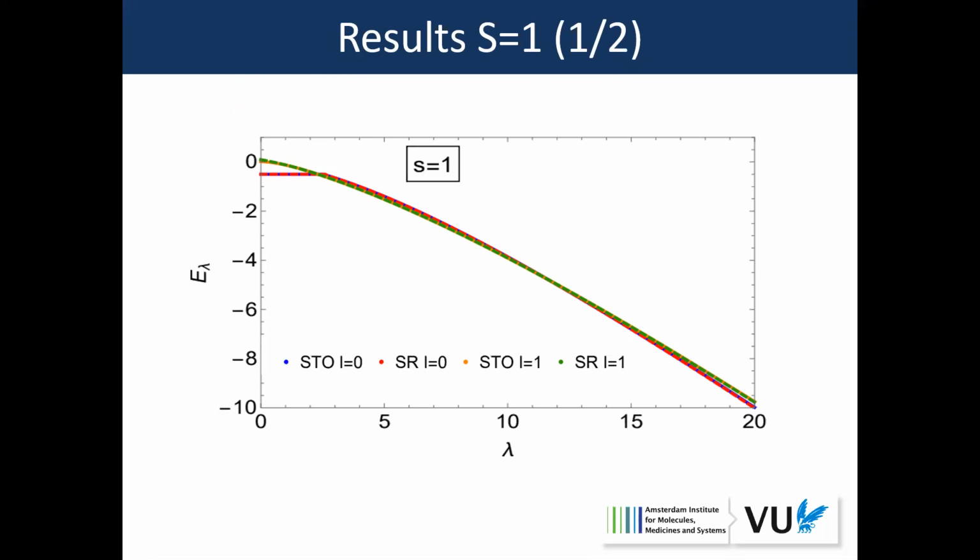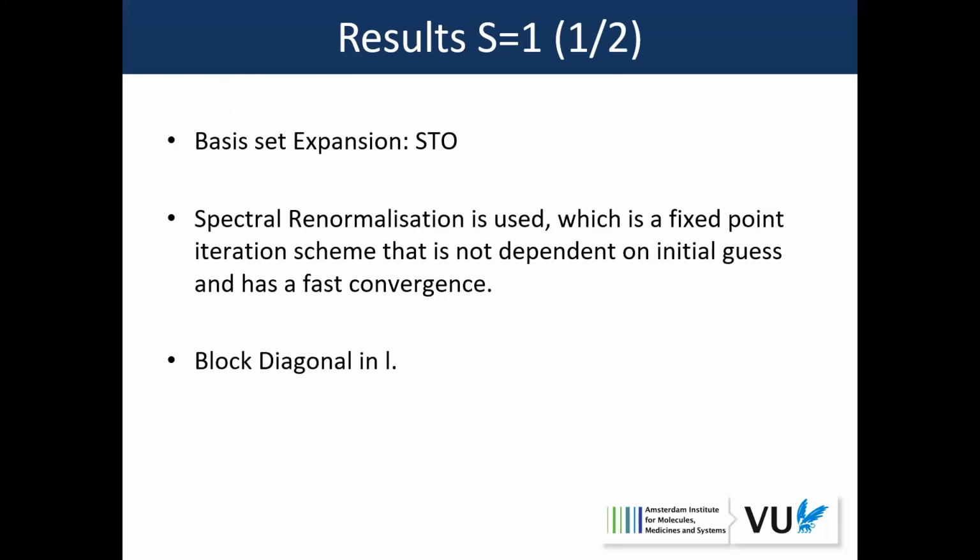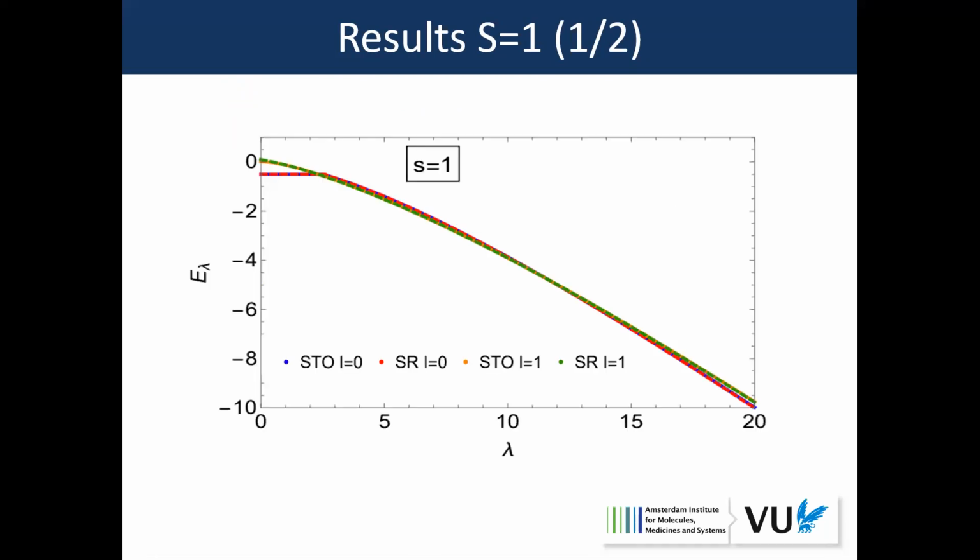This spectral renormalization is just solving the differential equation on a grid, right. So it's also done on a grid, but as you see, they agree. And in the L0 you have only S functions, the L1 is the P functions and so on, but they don't couple, they are uncoupled.